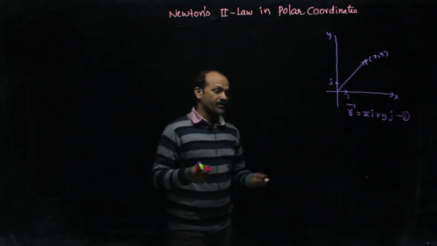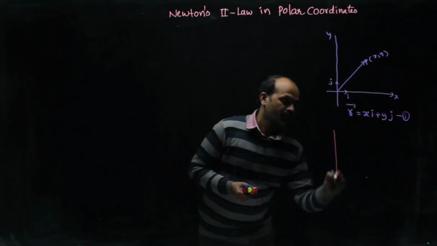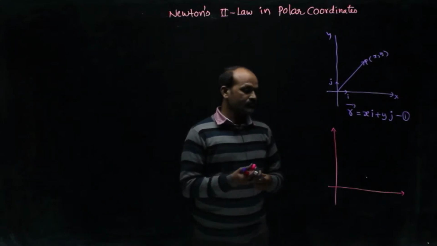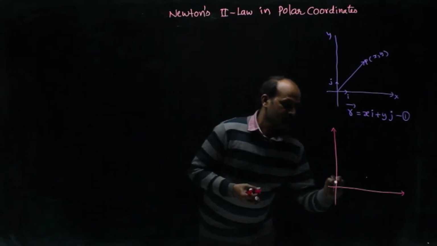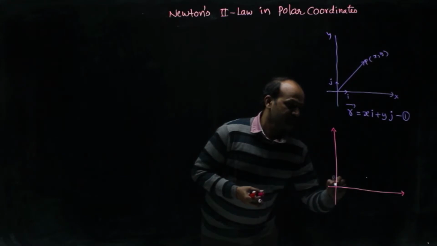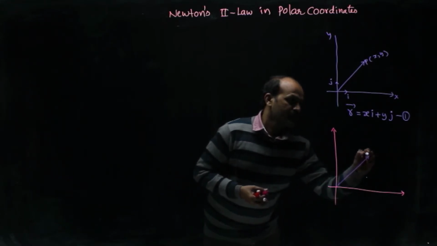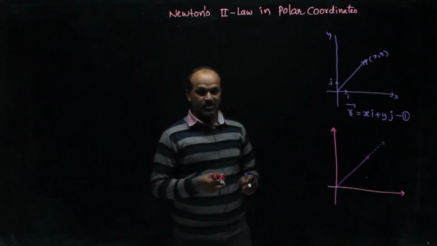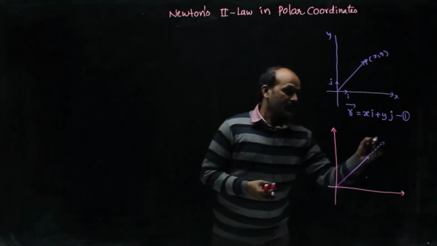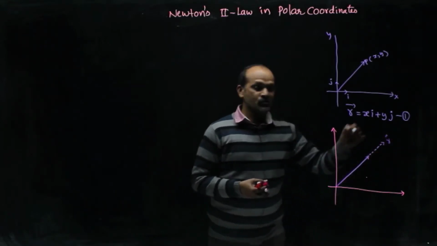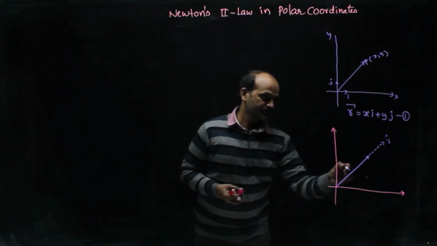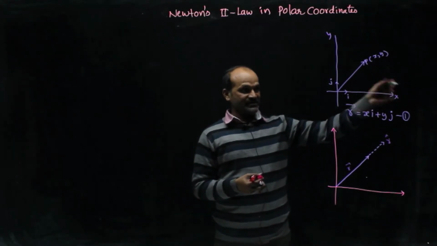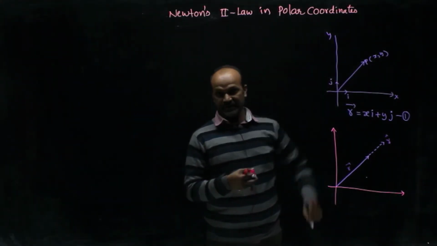At the point P, this is the radius vector. If you take a unit vector of the radius vector as r cap, the r cap will be in the direction of extending r bar, whereas i is in the direction of extending x, and j is in the direction of extending y.